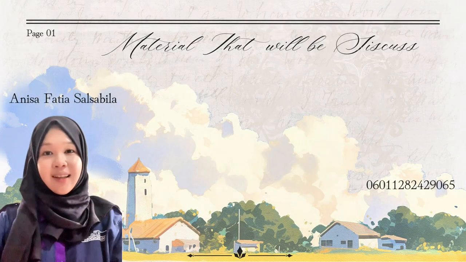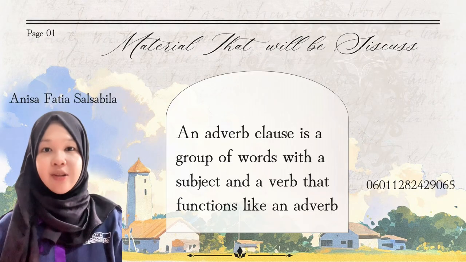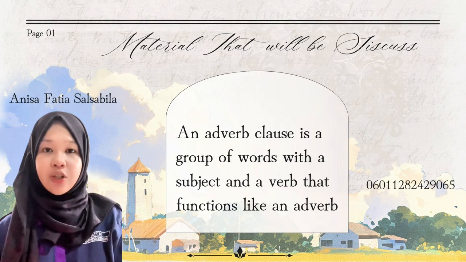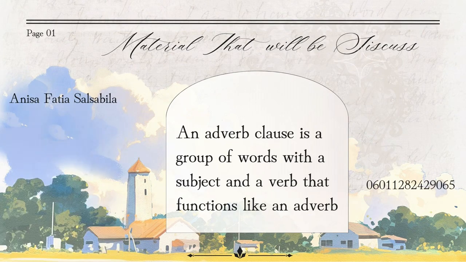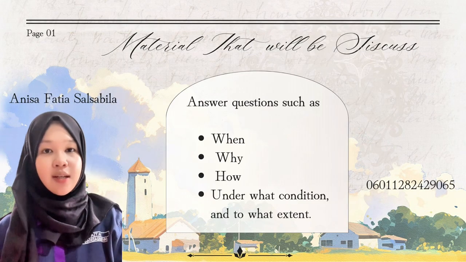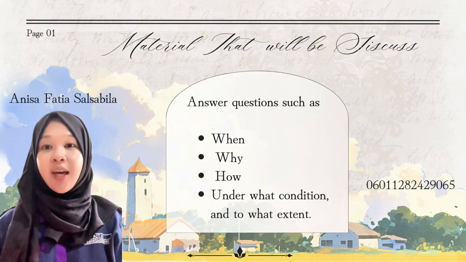So, what exactly is an adverb clause? Simply put, an adverb clause is a group of words with a subject and a verb that function like an adverb. Just like adverbs, they answer questions such as when, why, how, under what condition, and to what extent.